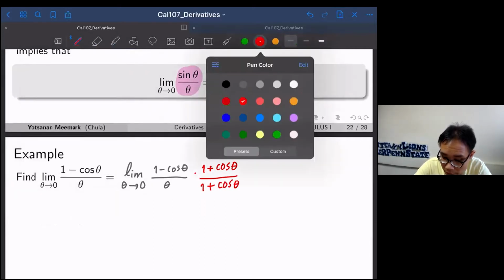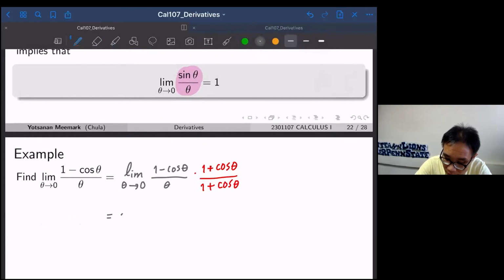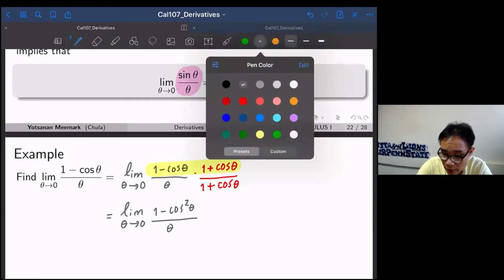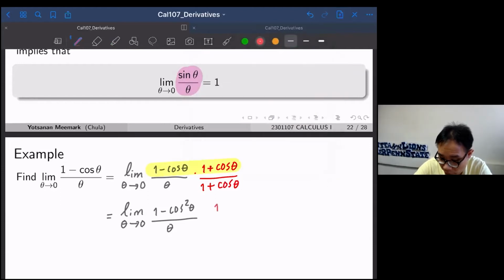So this turns out to be the limit as theta goes to 0 of 1 minus cos, times 1 plus cos, which is 1 minus cos square, over theta. This is what you have on top, and you have 1 over 1 plus cos theta.